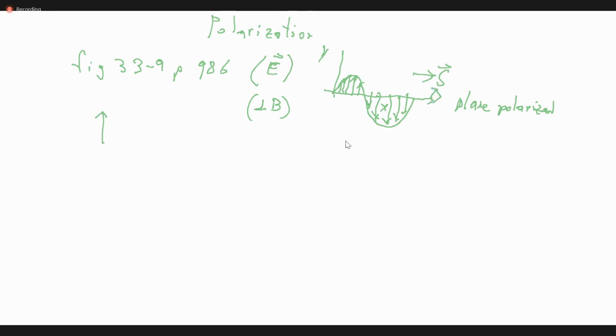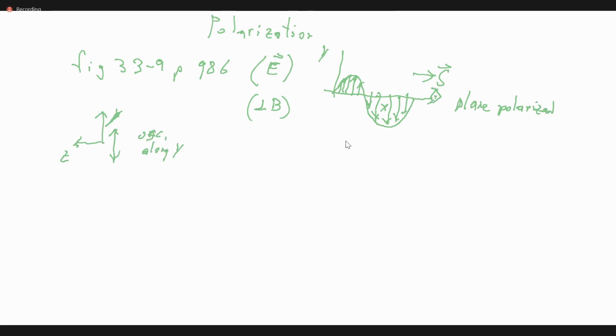So that's our eye. We're looking down the x-axis. Then y is vertical and perpendicular to z. The electric field oscillation is along y. The electric field is going up and down. The oscillation direction is along y.